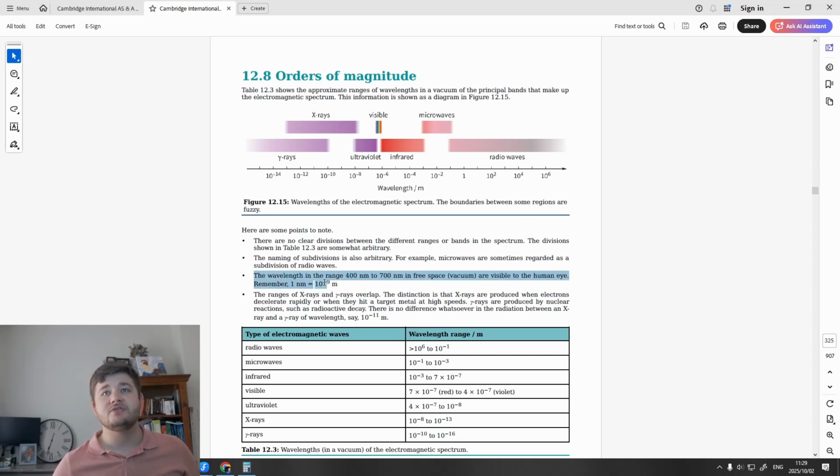So what I would like you to take in is this region, the visible region 400 to 700, shorter wavelengths being blue light, longer wavelengths being red light, and everything shorter than this starts with UV, then X-rays, and then gamma rays. And everything longer than this, infrared, micro, and radio waves.